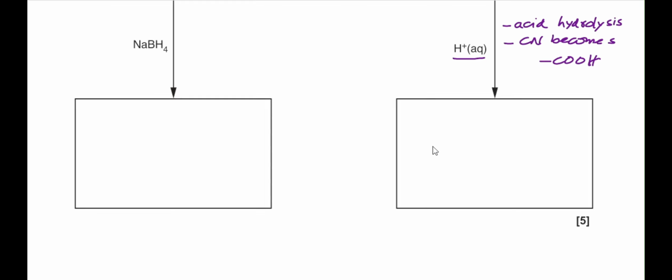Therefore, nothing happens to this double bond because we are just adding H positive here, and then OH also remains as such, but the CN now will become C double bond O OH, the carboxylic acid group.